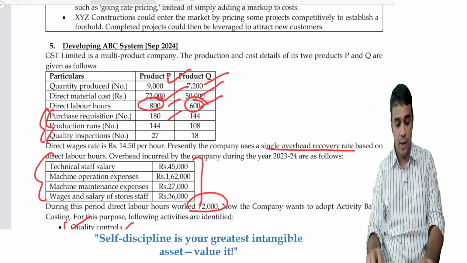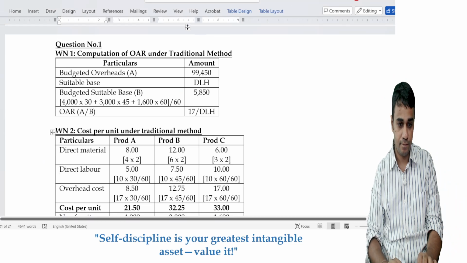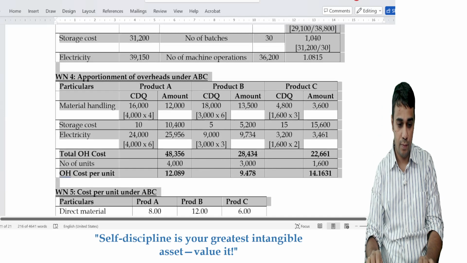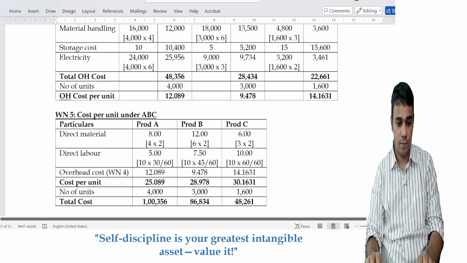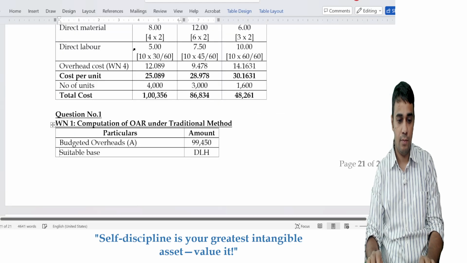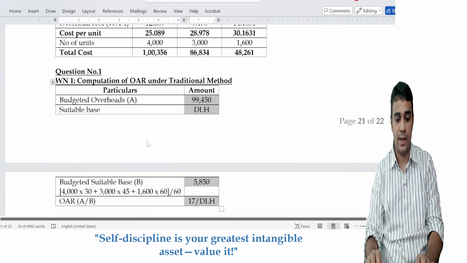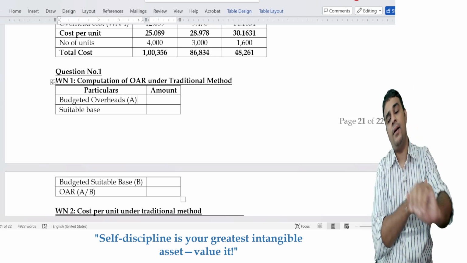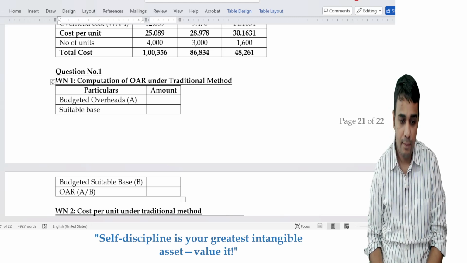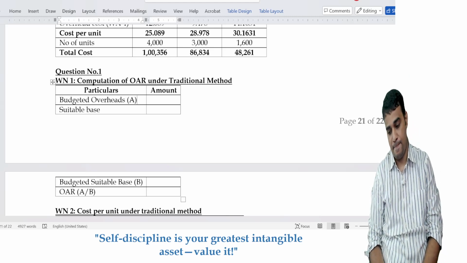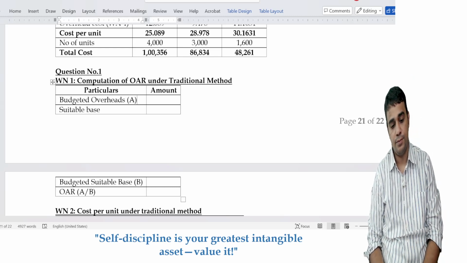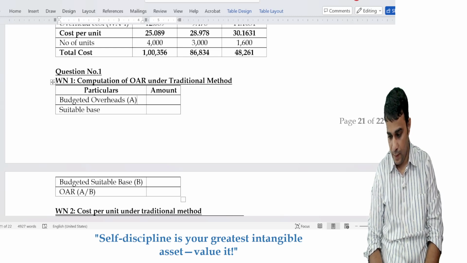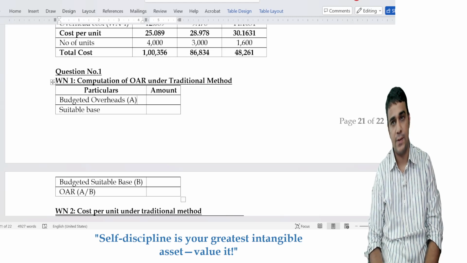Let's start. Working note 1, computation of OAR under traditional method. Write the format and then we'll do it. The format will remain the same. Budgeted overhead, suitable base, and OAR.